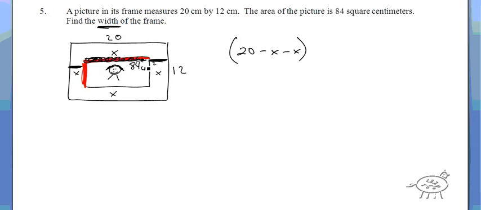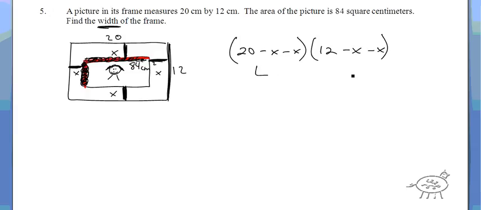Okay, the width is 12. This whole length here is 12. So I have to subtract this x, and that'll give me this part right here. So it's 12 minus x.